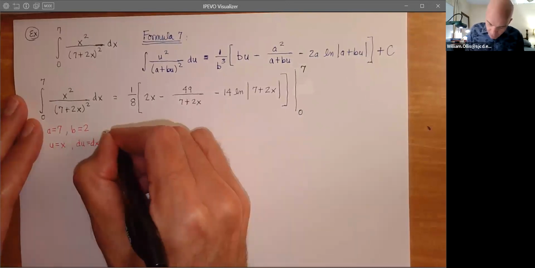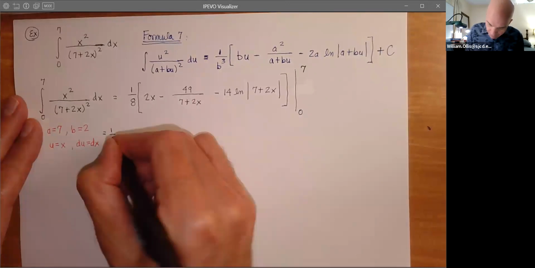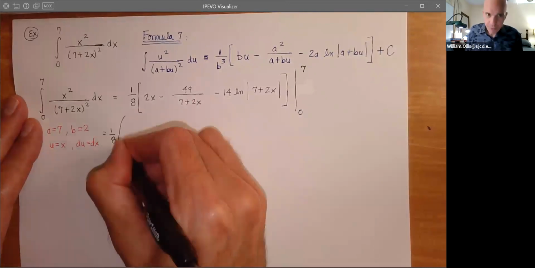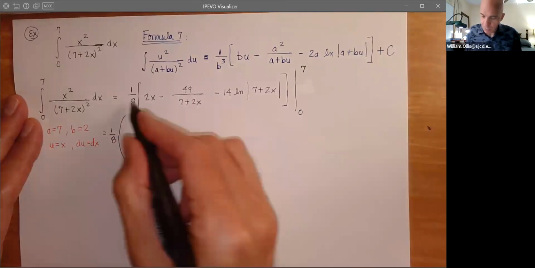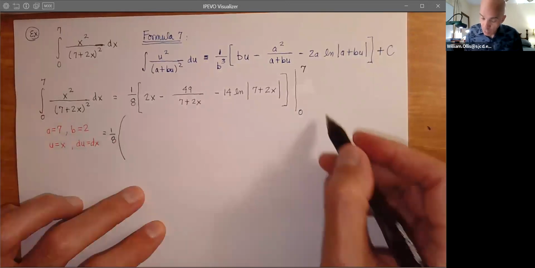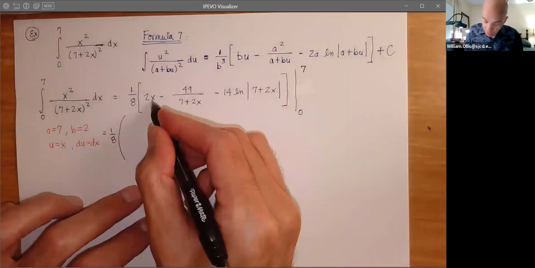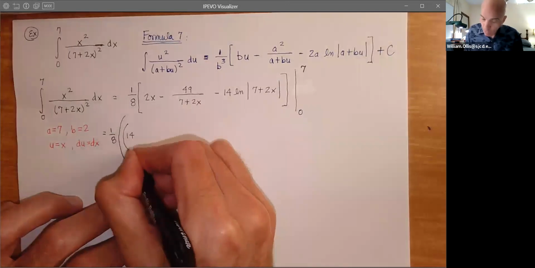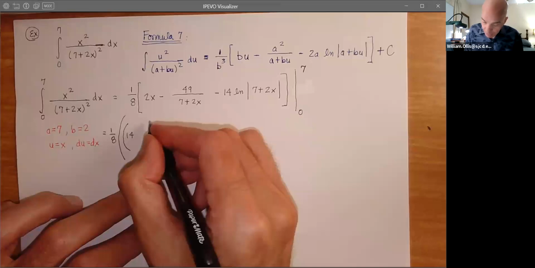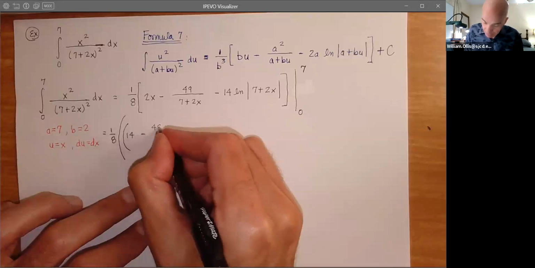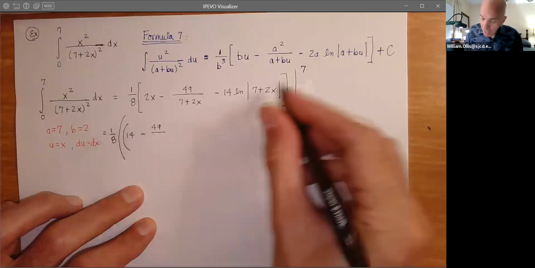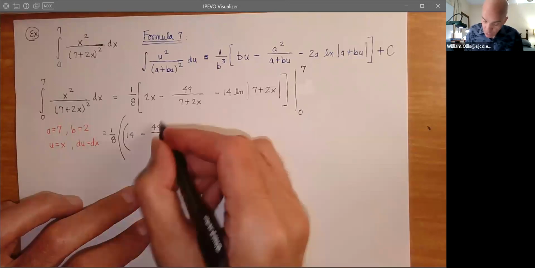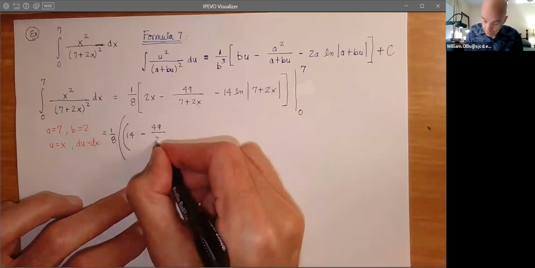So we have 1/8. We use a big parenthesis because this is going to multiply everything. So we have 2 times 7, that'll be a 14. And then we have a minus 49. And now again, we have a 7 plus a 14, so that's going to be a 21.